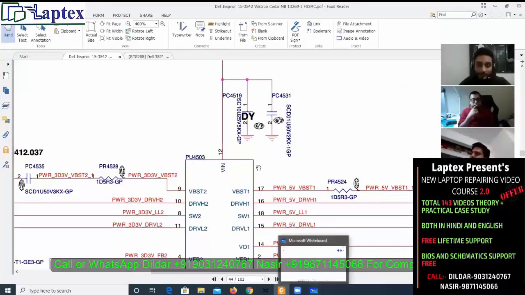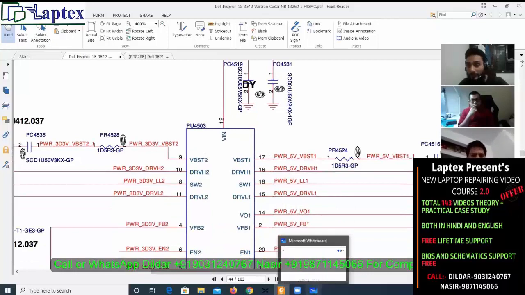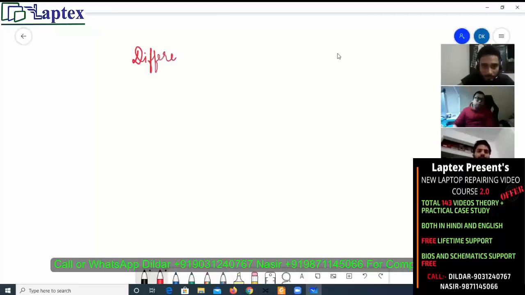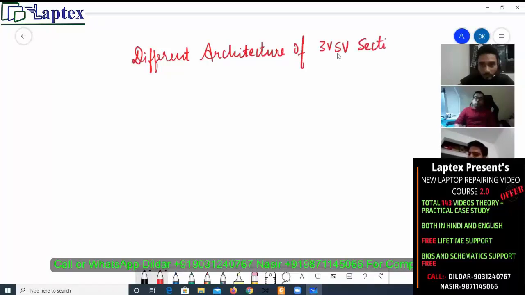As I told you, there are 5 types of architecture that we'll see. First I'll list those out, then after listing them, we'll see one by one. So, different architectures of the 3 volt 5 volt section.